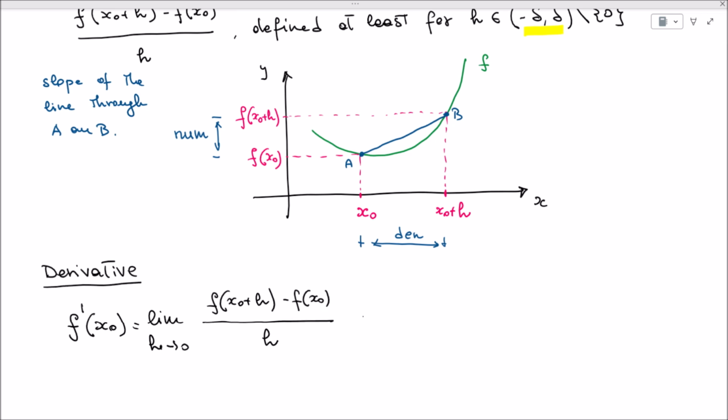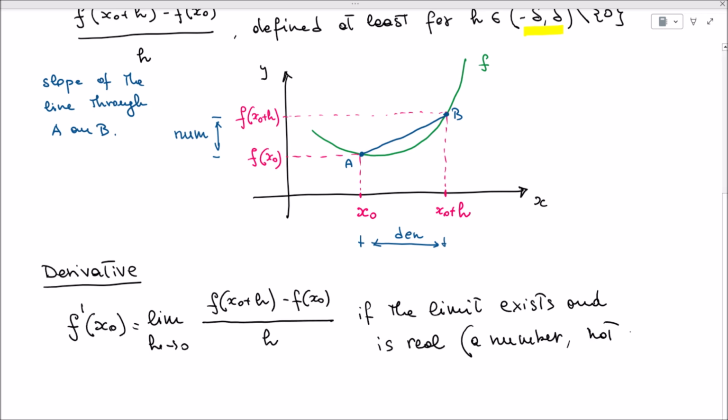Of course, this is the derivative only if the limit exists and is real. So this is to say that it must be a number. We are not accepting this limit to be plus or minus infinity. In that case, we say that the derivative is not defined.